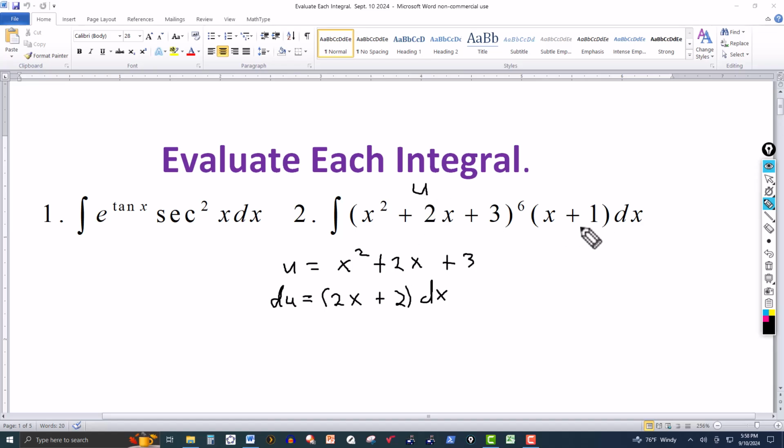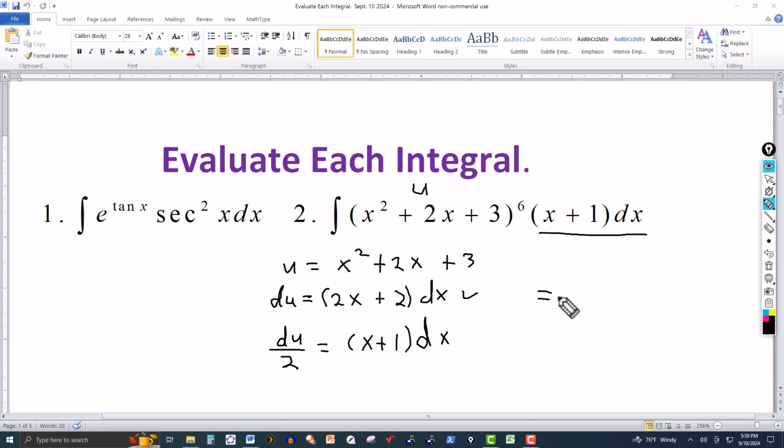Now, can I get x plus 1 dx in terms of u? Well, from right here, factor out a 2. Let's just divide both sides by 2. That'll give me du over 2 on this side, and then here the 2's are going to cancel, so I get x plus 1 dx. So now this x plus 1 dx can be replaced by du over 2.